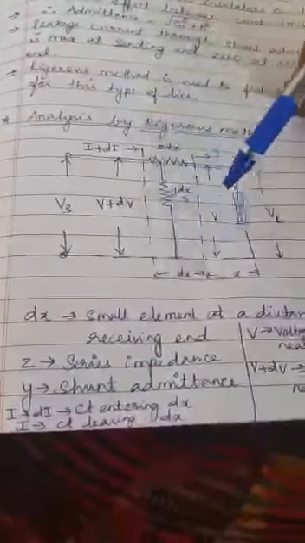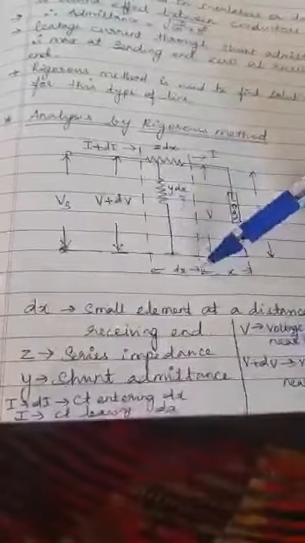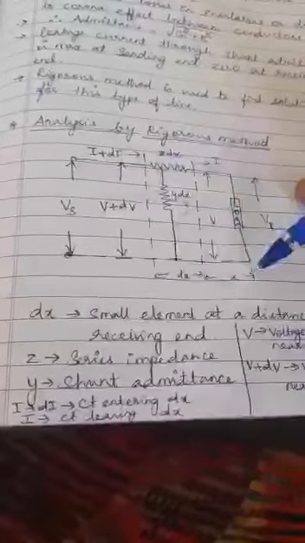So here a long transmission line is considered, and in this line a small element is considered with a length dx, which is present at a distance x from the receiving end.